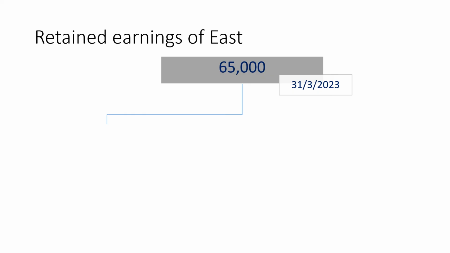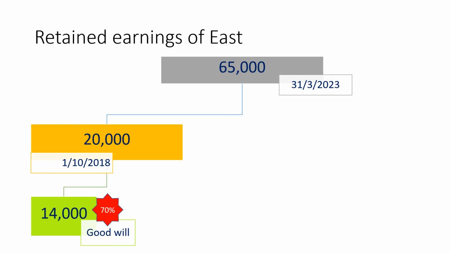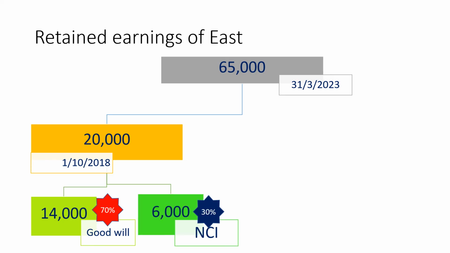Out of that, in the first adjustment, say 20,000 belongs to the pre-acquisition on 1st of October 2018. Then 70% of it relating to the goodwill calculation, that is 14,000, and the balance 30% belongs to the non-controlling interest, which is 6,000.